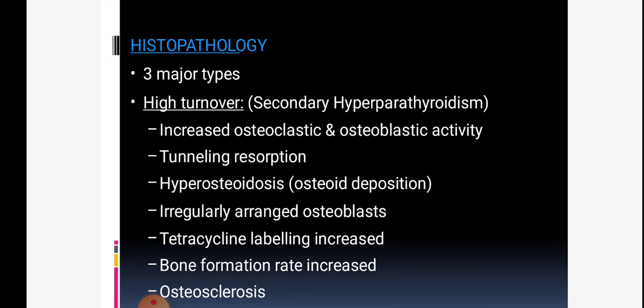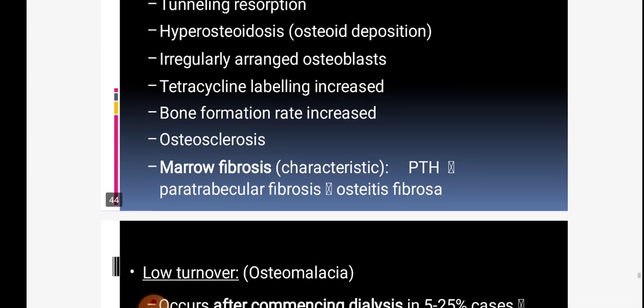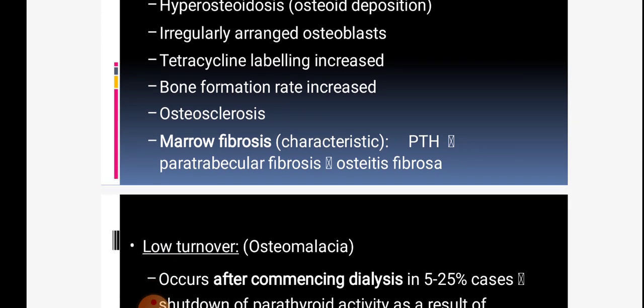The histopathology has 3 major types. That is the high turnover one, that is secondary hyperparathyroidism with tunneling resorption, increased osteoclastic activity, hyperosteoidosis, irregularly arranged osteoblasts, tetracycline labeling, bone formation, osteosclerosis, marrow fibrosis. So there is paratrabecular fibrosis, osteitis fibrosa, and then low turnover, that is osteomalacia.